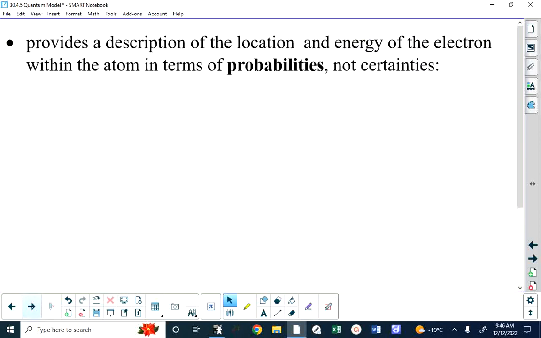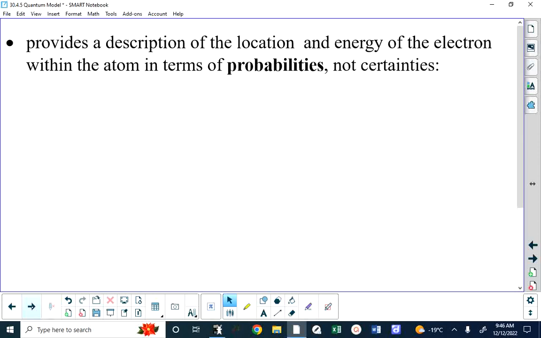So what is it about? What it does, and this is going to seem odd to some of you, that we're coming up with a better theory that explains nature better, explains all of the line spectra for all of those elements, is it doesn't talk about certainties, it talks about probabilities.